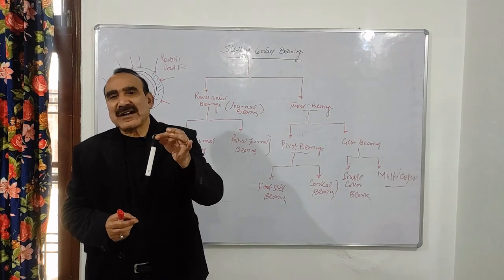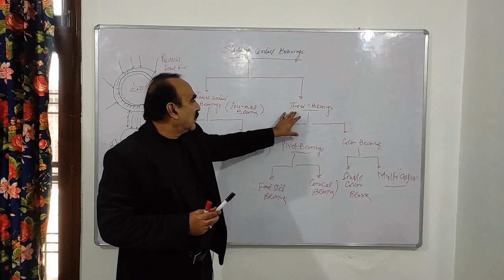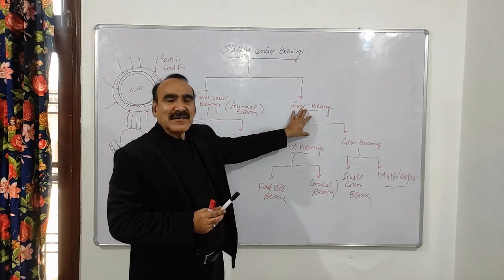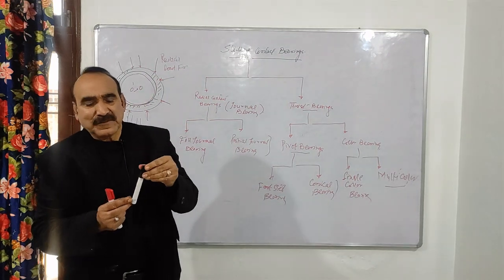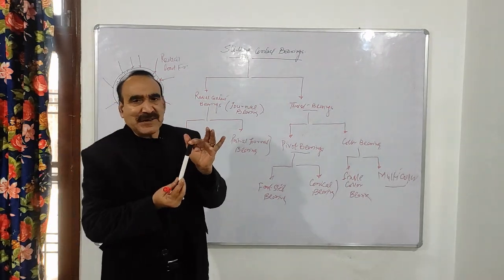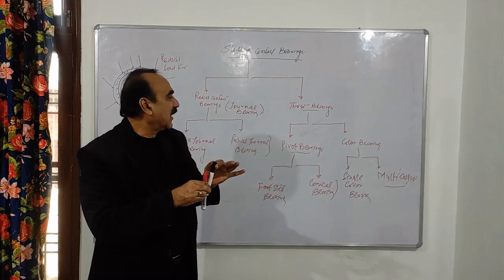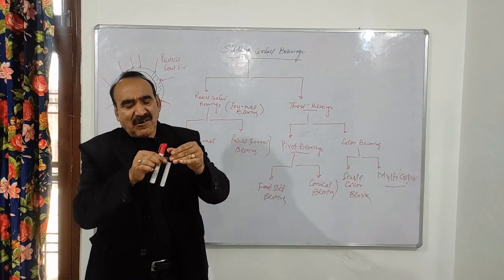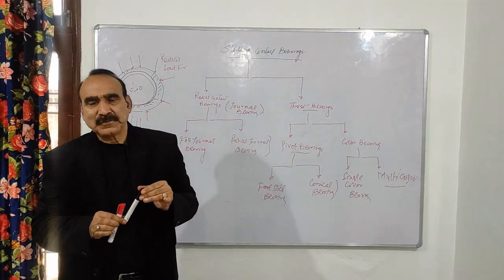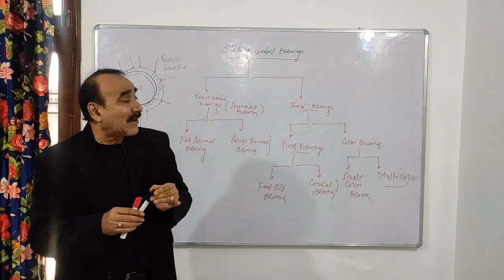Mostly the shafts are horizontal position, but this bearing will support the shaft in vertical direction. Means जब shaft आपकी vertical direction में होगी तो this is your axis, right? So this is your axis, and load is acting on the axis of the shaft, or you can say the load is acting along the axis of the shaft.